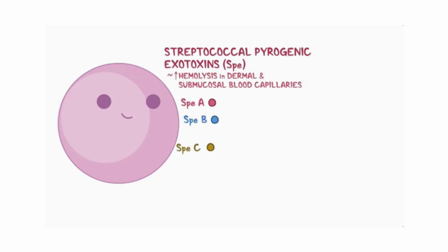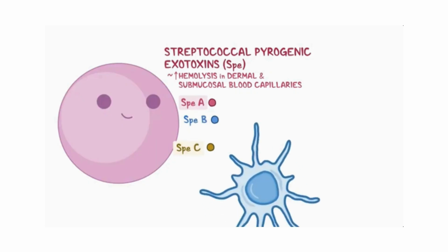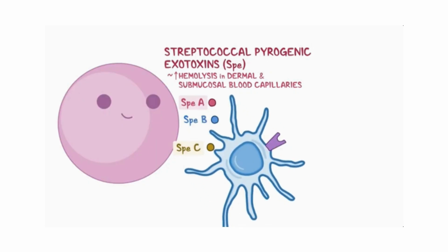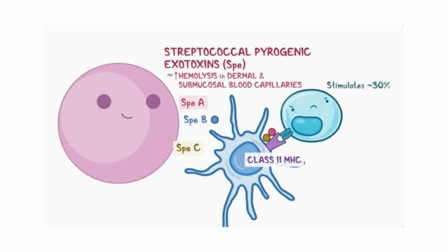What is more, SPEA and SPEC are superantigens, meaning they don't need to be eaten up and processed by an antigen-presenting cell such as a macrophage to generate an immune response from T cells. Instead, they interact immediately with the class II MHC molecule on the surface of the macrophage, forming a superantigen MHC complex, which then interacts with the T cell receptor and stimulates up to 30% of the entire T cell population.